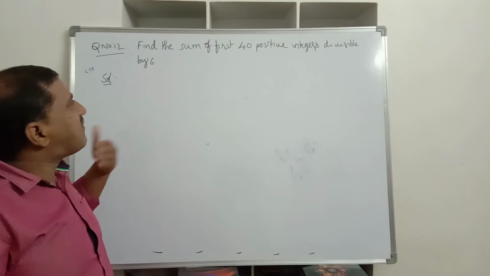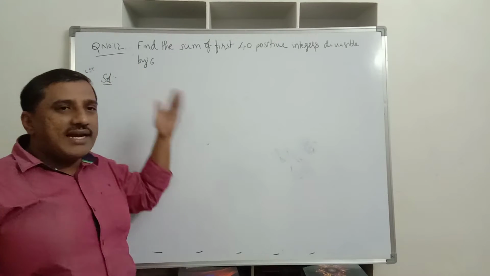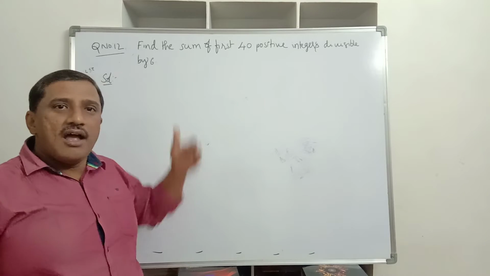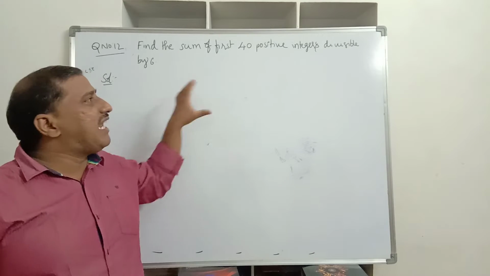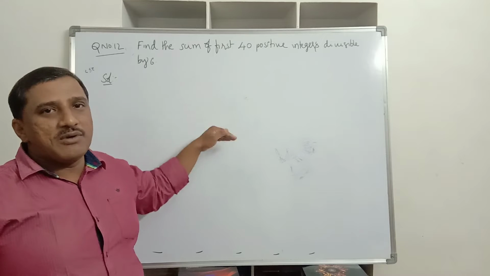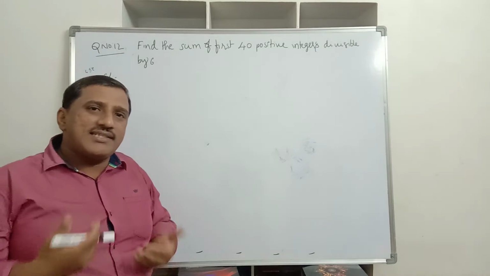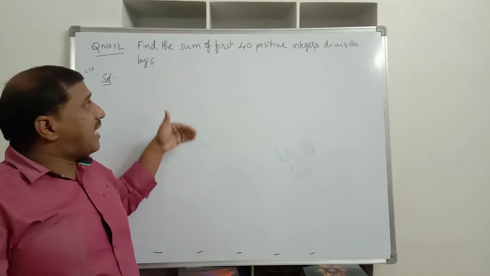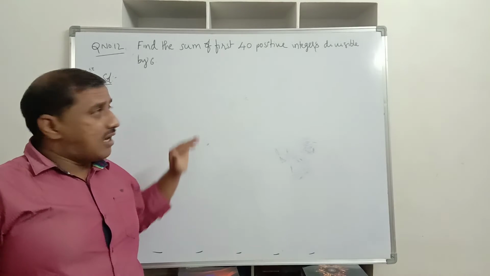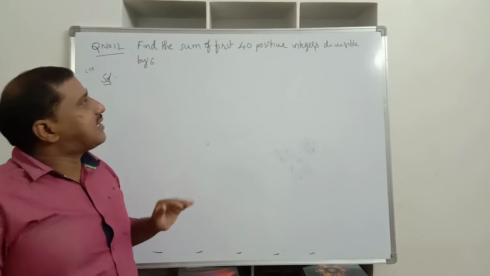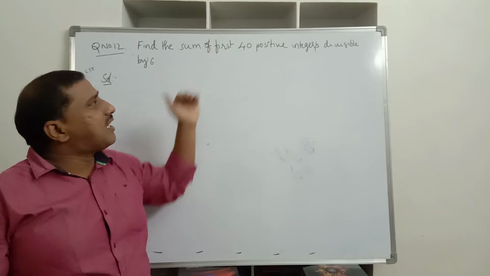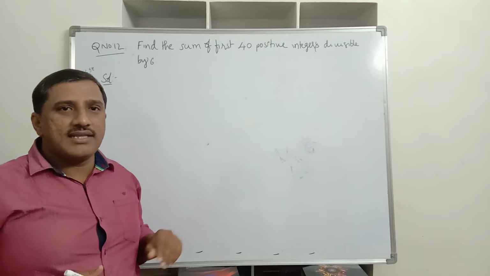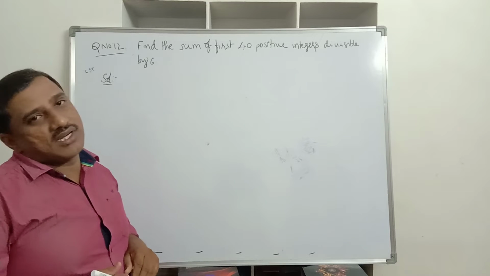So you may get different numbers. Instead of 6 you may get 7, 8, 9 or 5, but the concept is the same. We need to identify the multiples of the given number, and then find the sum of those 40 multiples using the concept of arithmetic progression.